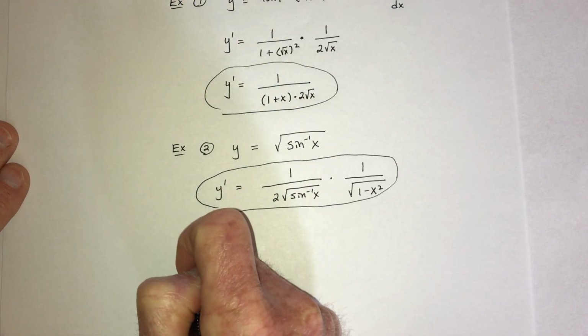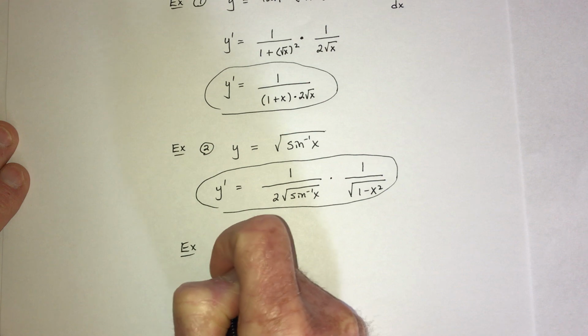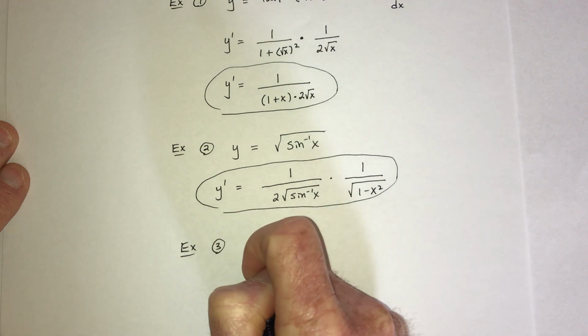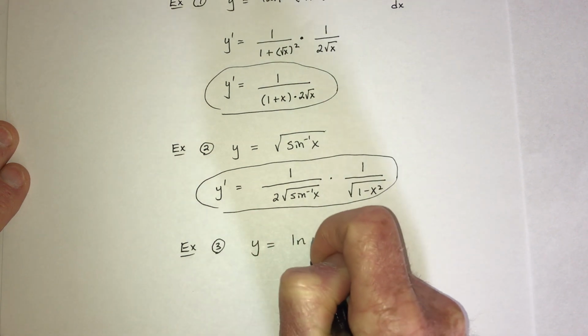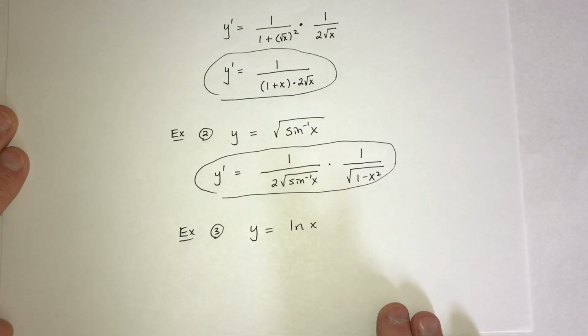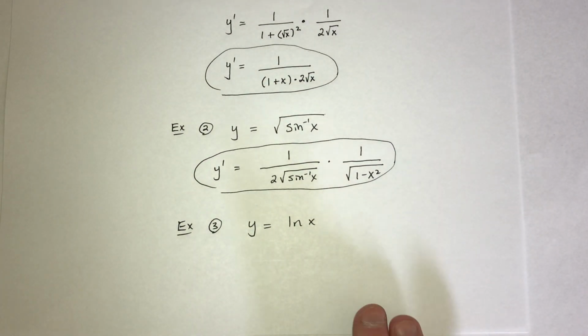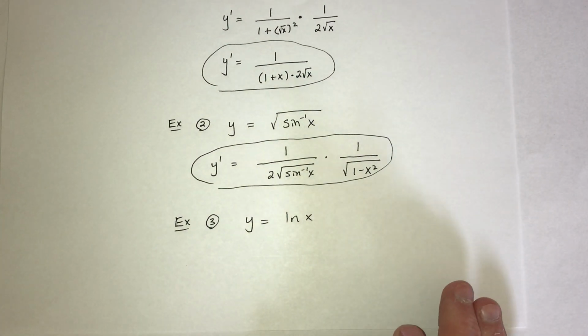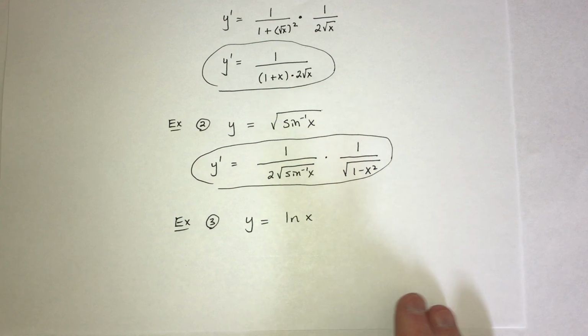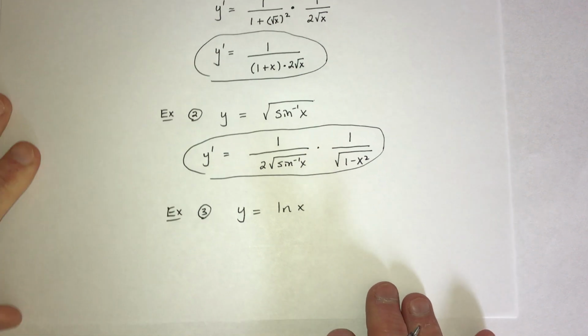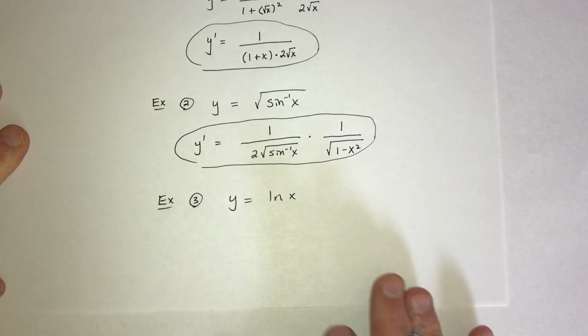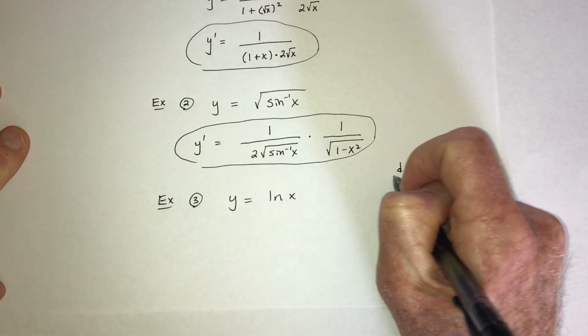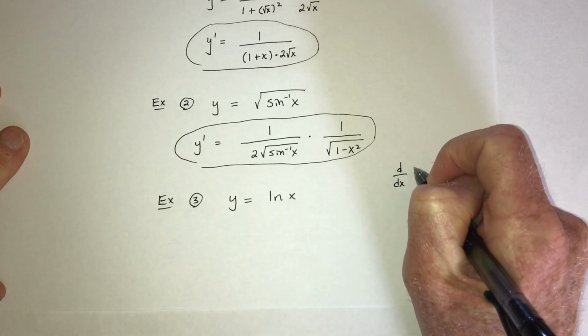For example number 3, what's the derivative of the natural log of x? Well, this one right here is another one that you could go through these steps, which I'm about to do, each and every time you come across natural log, or you could remember it. So if you remember it, it would go like this.